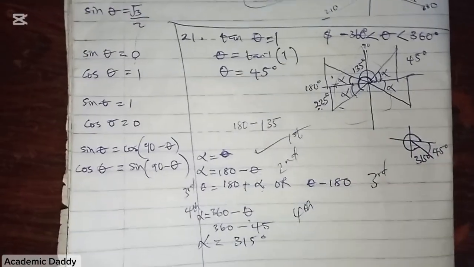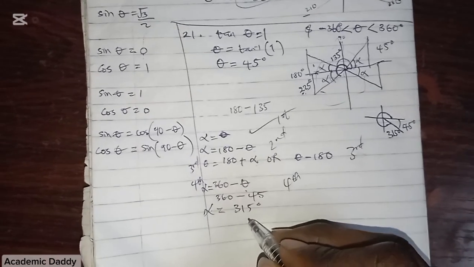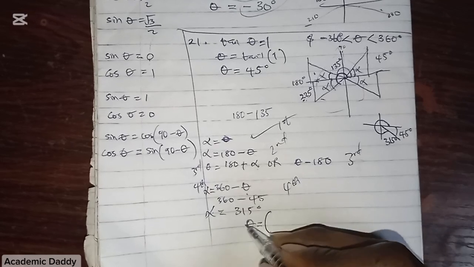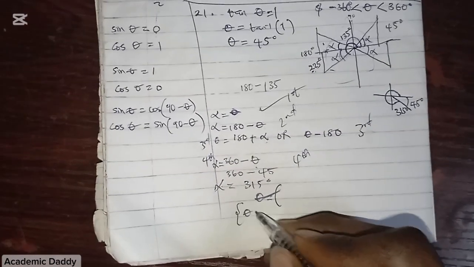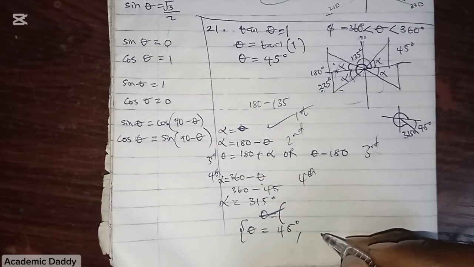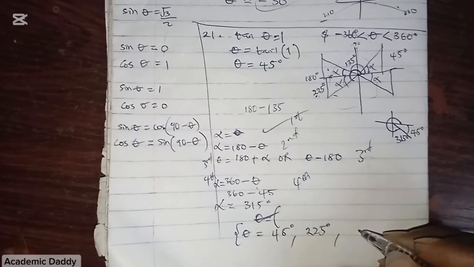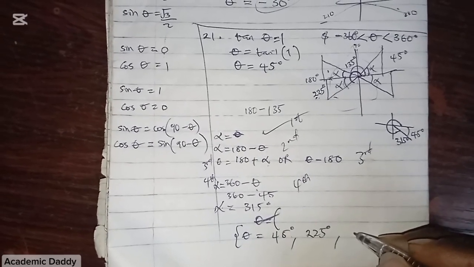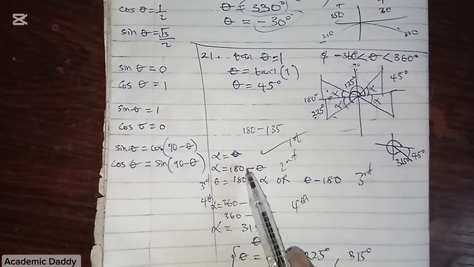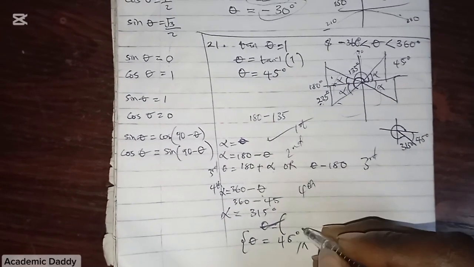So if that be the case, the four possible values of theta, okay, let's do it this way: theta is equal to 45 degrees, 225 degrees, 315 degrees, 45 degrees in the first quadrant, 135 degrees in the second quadrant.